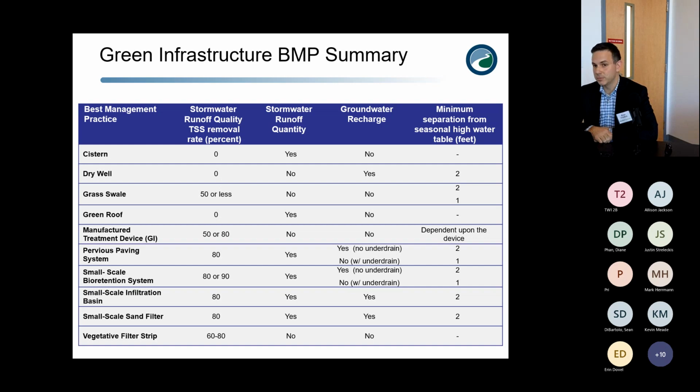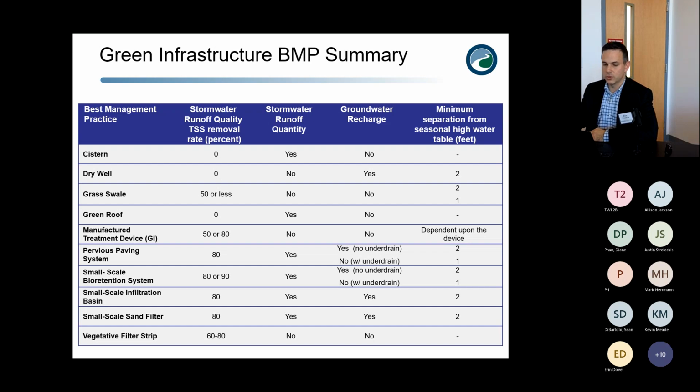And so those have a maximum contributory area, which I'll mention what those are in a bit, but they limit the size of these because they want you to design them so they're close to the source. So they don't want some large centralized basin where you're sending all of the water from a very large site. A, it doesn't work quite as well. B, you're then focusing all of your infiltration in one spot on the site, which tends to not be as effective.